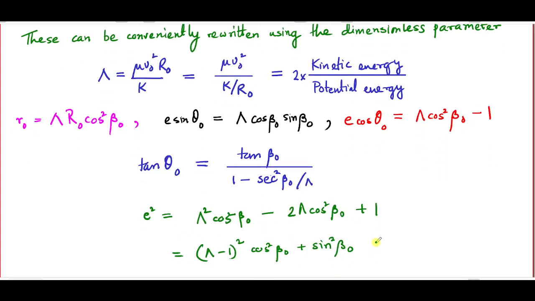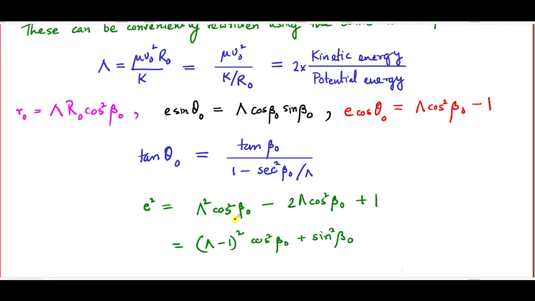And you can collect them all together, with cos square beta 0, getting lambda square minus 2 lambda as a prefactor, which can be rewritten of course as lambda minus 1 whole square. But that will require us to add an extra cos square beta 0, which has to be taken away from the 1, and that gives you a sin square beta 0. So this and this completes the solution of our problem.